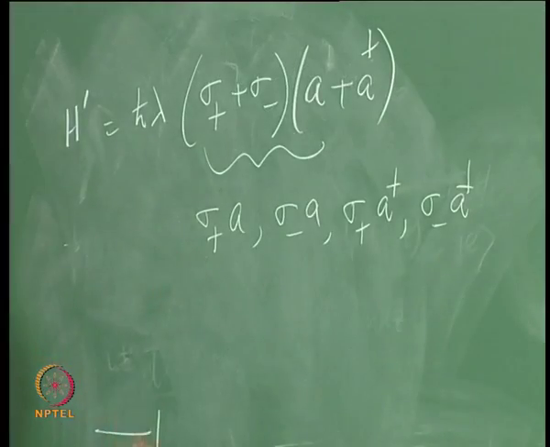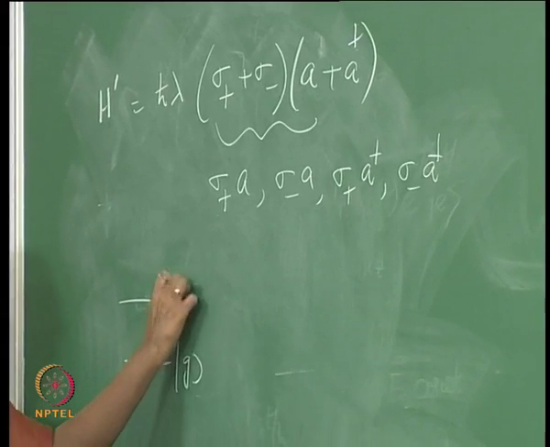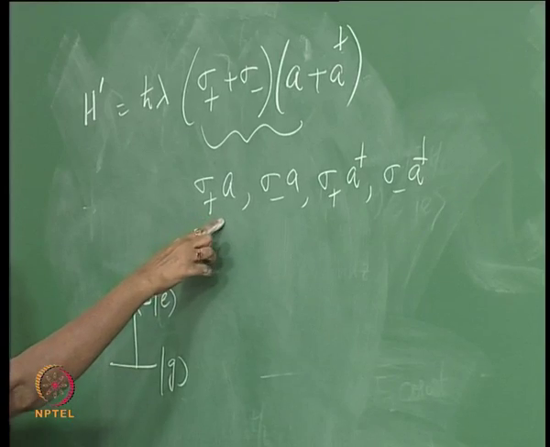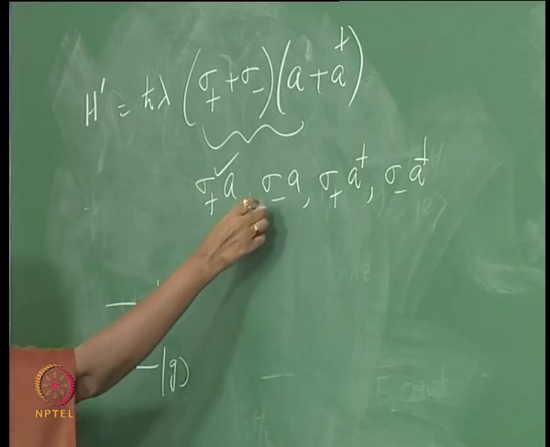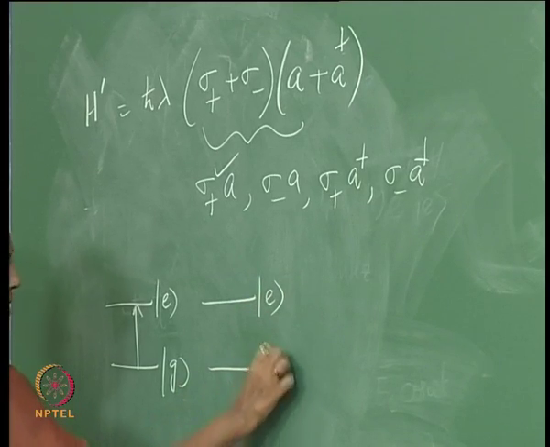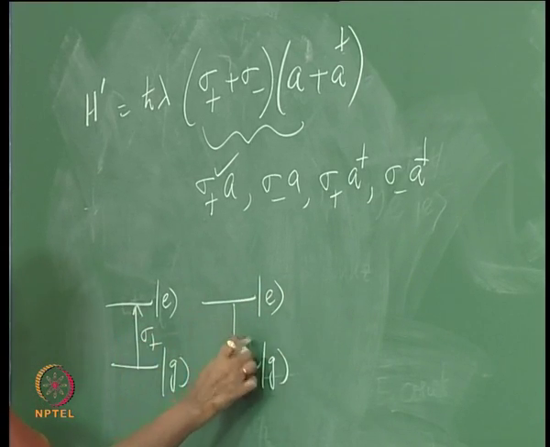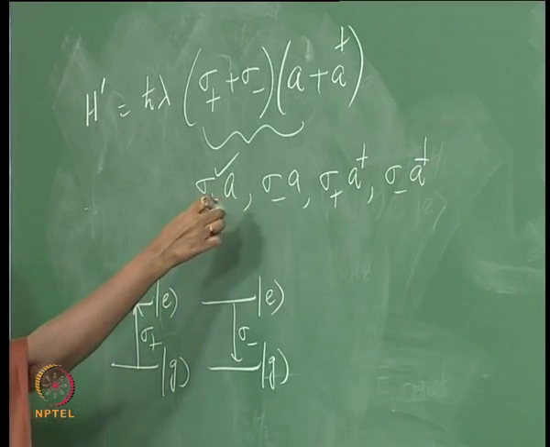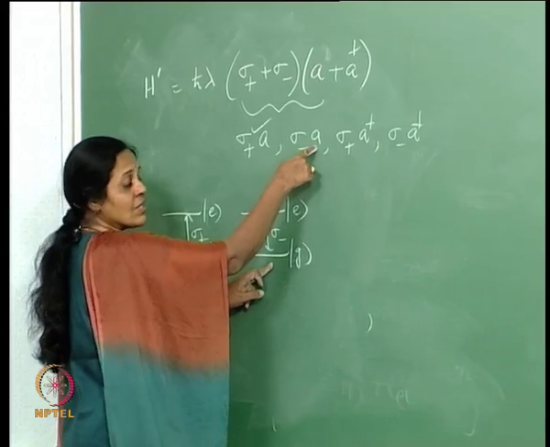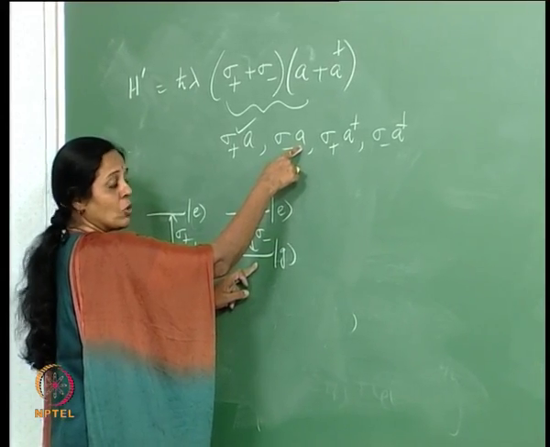Sigma plus takes the atom from the ground state to the excited state. In the process, a photon has been absorbed. Sigma minus brings the atom down from the excited state to the ground state, releasing a photon, but this is the photon destruction operator. Now that cannot be.